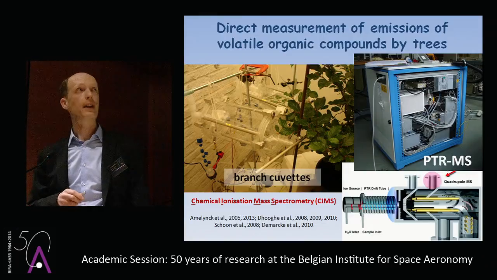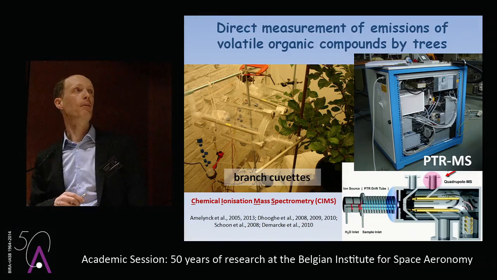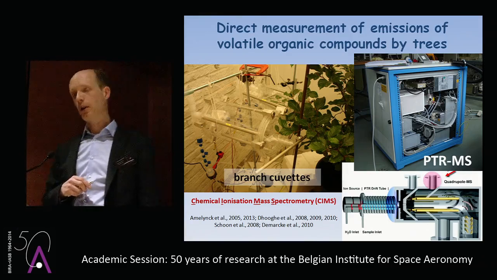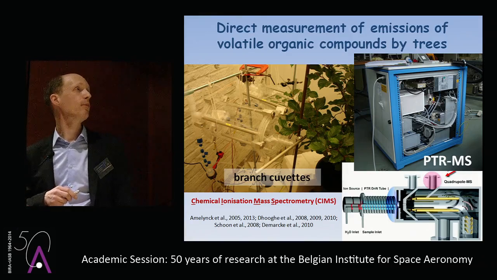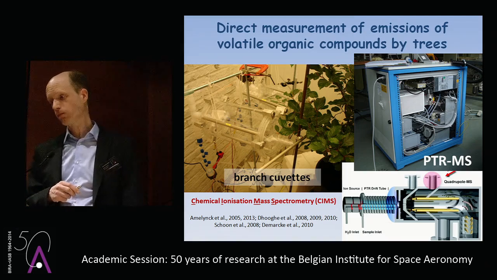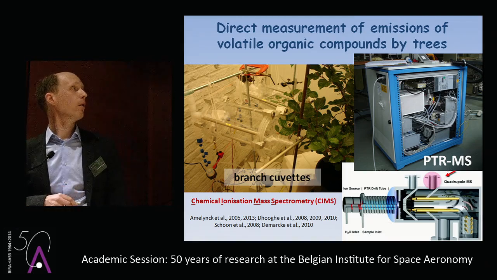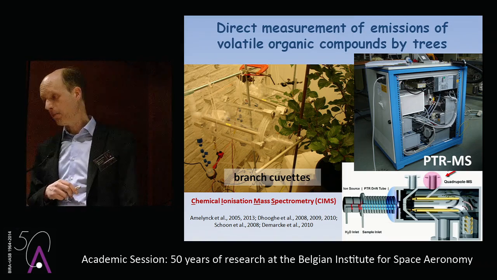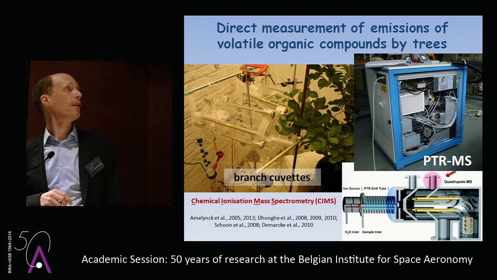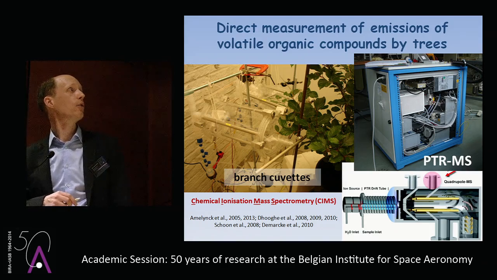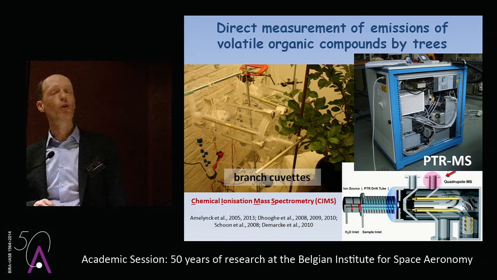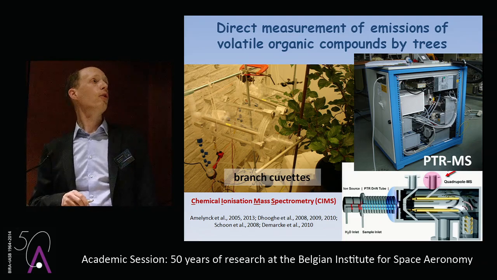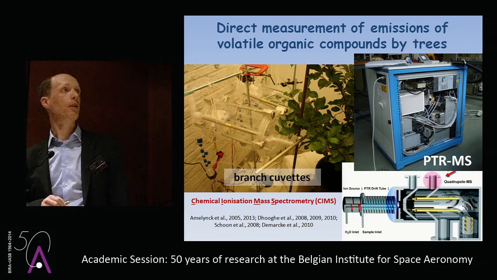So first, the direct measurements, which have been performed at the Institute in collaboration with other partners in Belgium, from Ghent and from Gembloux. The Institute designed and made those branch cuvettes, using tubing connecting those cuvettes to an instrument which is a proton transfer mass spectrometer, the PTR-MS.